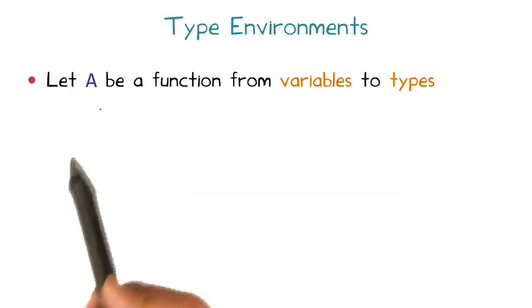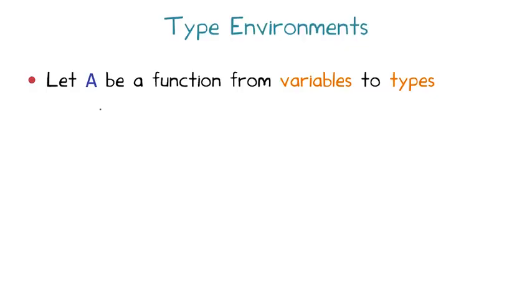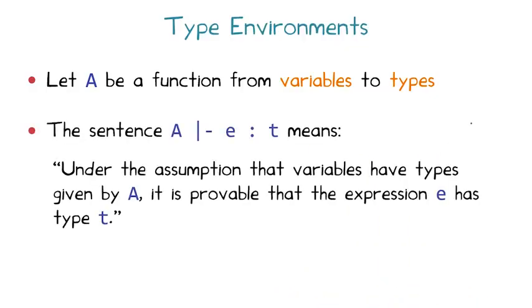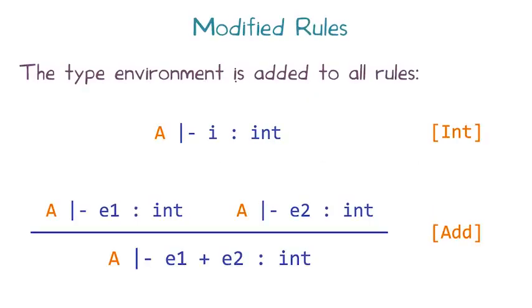Let's use the letter A to represent our environment, that is, our function from variables to types. We'll use the notation A pipe hyphen e colon T to mean, under the assumption that variables have the types given by A, it is provable that the expression E has type T. Let's modify our previous rules, int and add, to include the type environment before the pipe hyphen symbol.